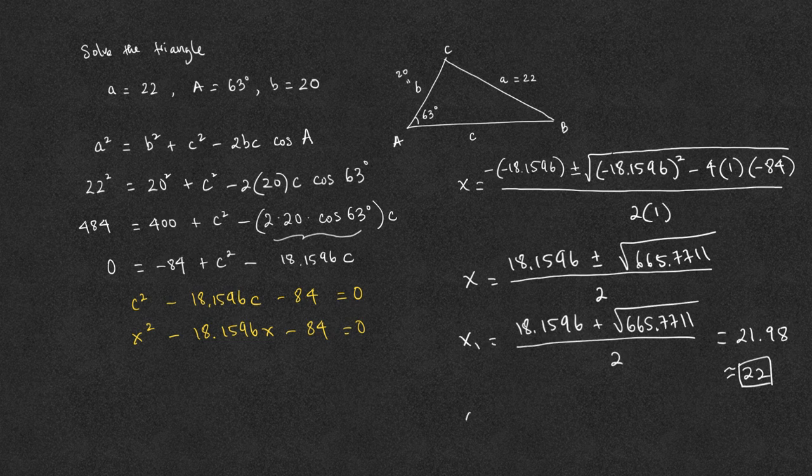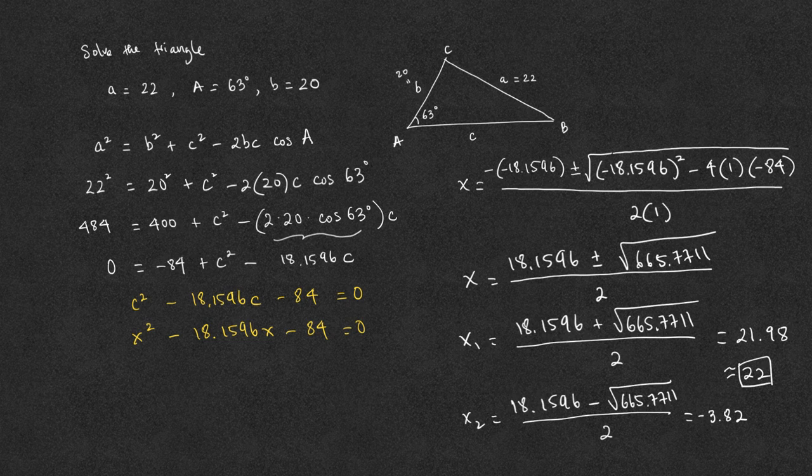And the second solution is 18.1596 minus the square root of 665.7711 over 2. But this will give us a negative number. In fact, this is negative 3.82.